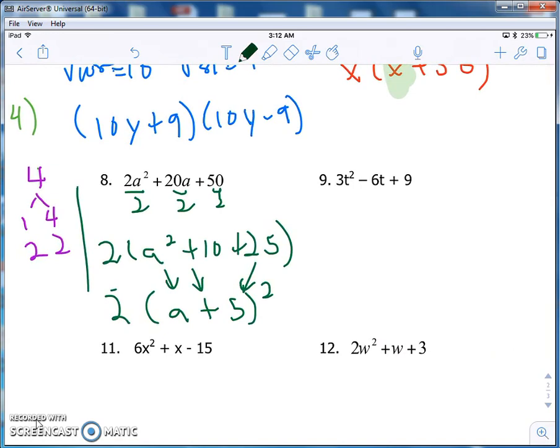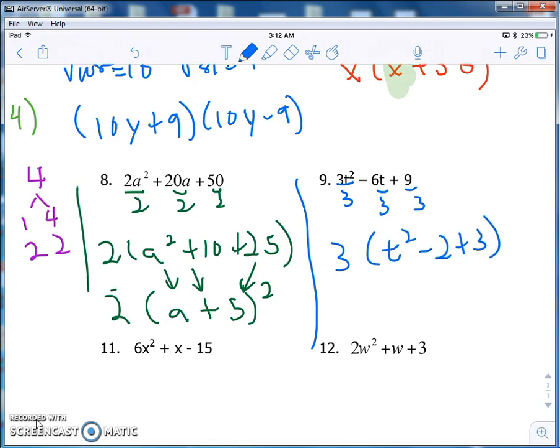Similarly to the last one, all these we should always look for a common factor first. Everything is divisible by 3. So we get t squared minus 2t plus 3. Now factors of 3 that add to be negative 2, it seems like it should work.